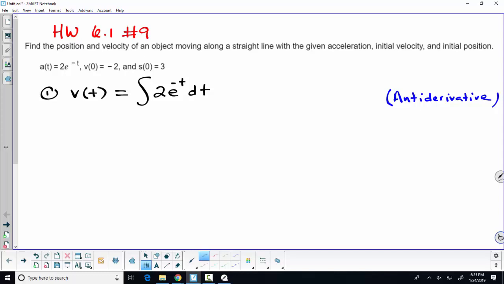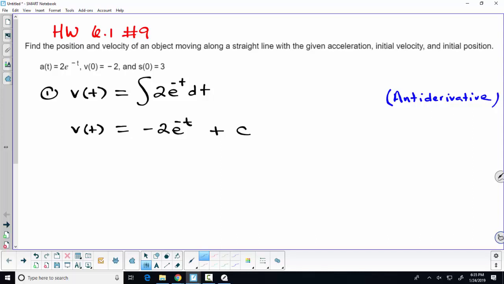We're not worrying about the bounds, the displacement, or that kind of thing at all. So what is the antiderivative of 2e to the negative t? Negative 2e to the negative t. Okay, good. Negative 2e to the negative t plus our constant of integration. So that's the velocity function we're dealing with.